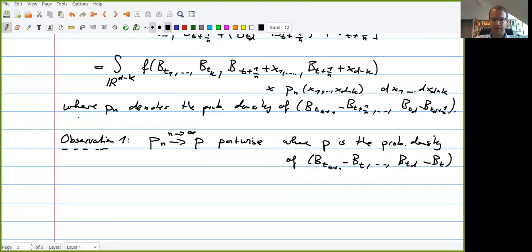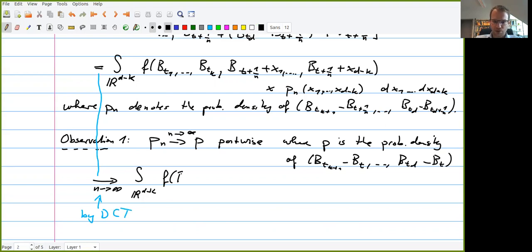And this means that this here, if I send n to infinity, goes to, I use dominated convergence. The dominated convergence theorem.